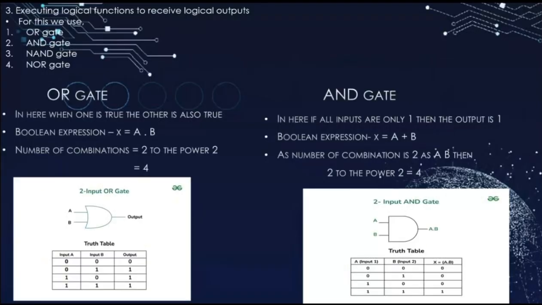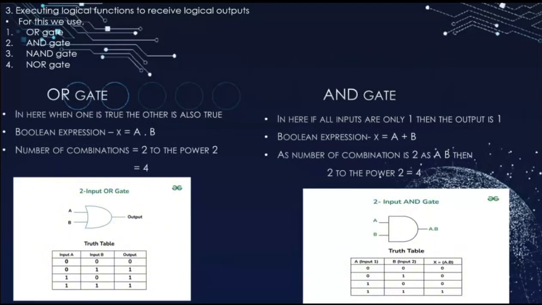OR gate. Here, when one input is 1, the output is 1. The Boolean expression is shown, and the number of combinations is 2 to the power of 2. AND gate. Here, if all inputs are 1, then the output is 1.